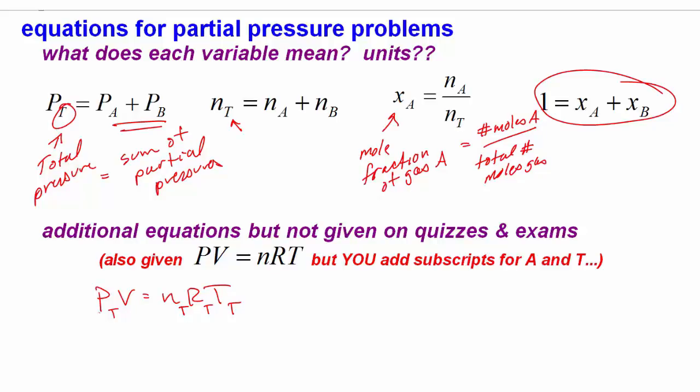The gas constant is the same for every gas, and the temperature is the same for every gas present in a container. So those are the expressions we can write. The partial pressure of gas A times the volume equals the number of moles of gas A, RT. Partial pressure of gas B times the volume equals the number of moles of gas B, RT. Okay?